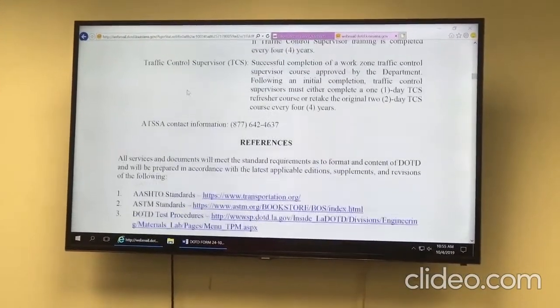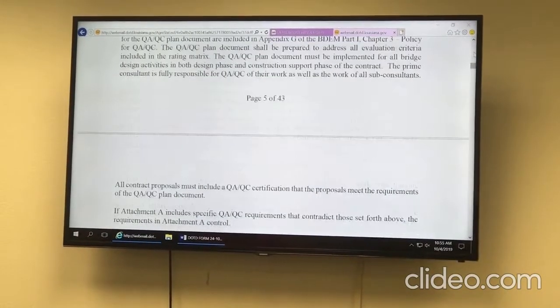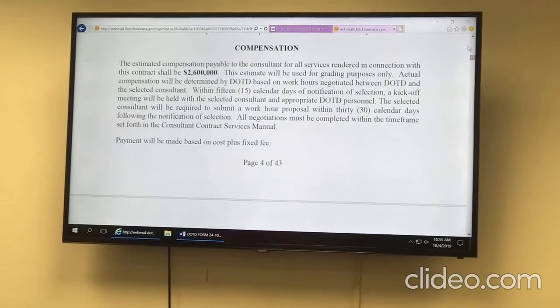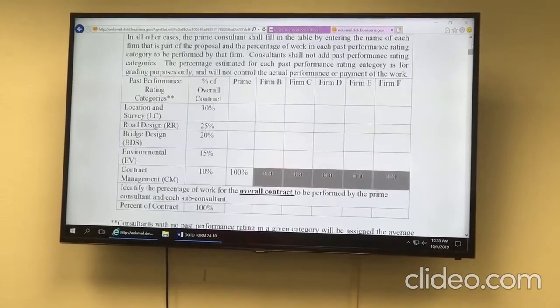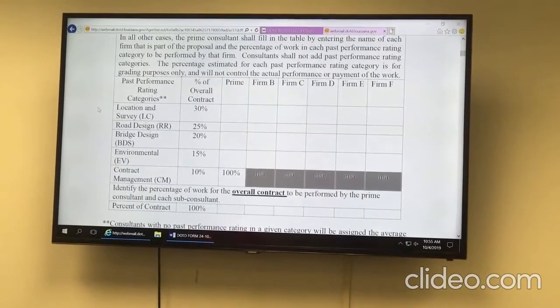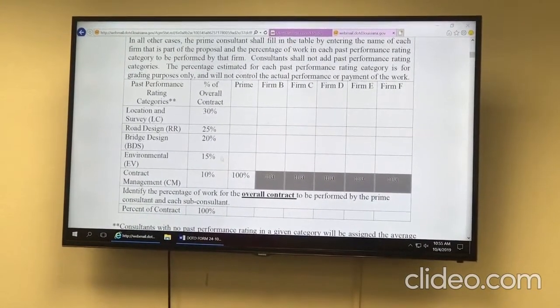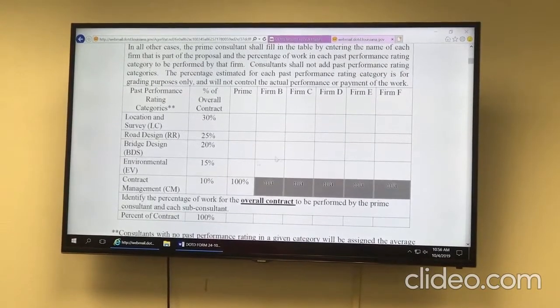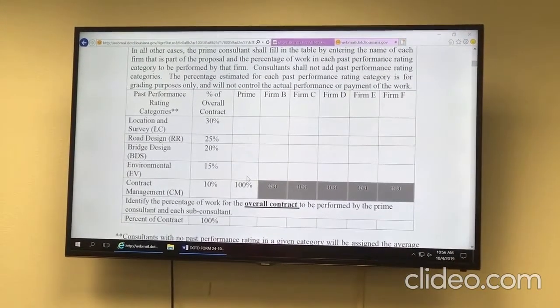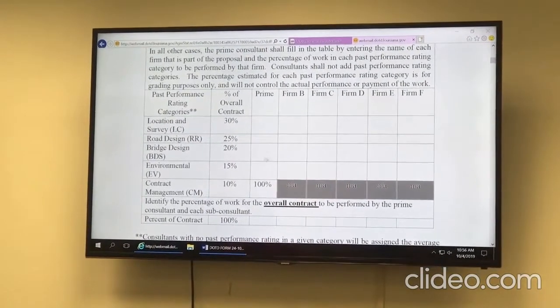Every ad identifies what the past performance rating categories are going to be, and this is where you would get the information to help prepare your consultant's Section 11 response.